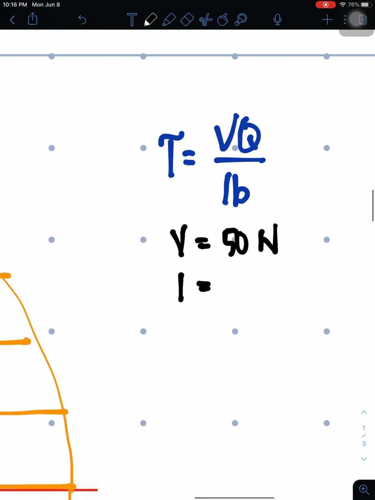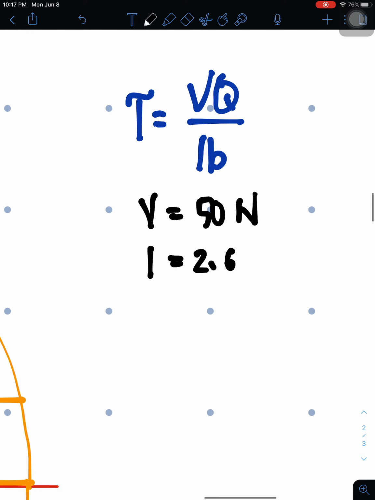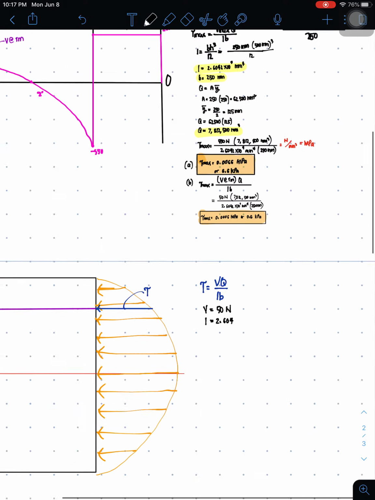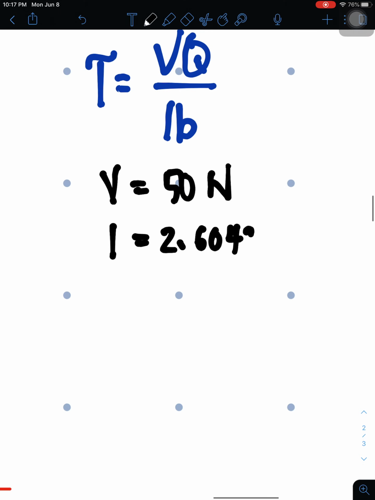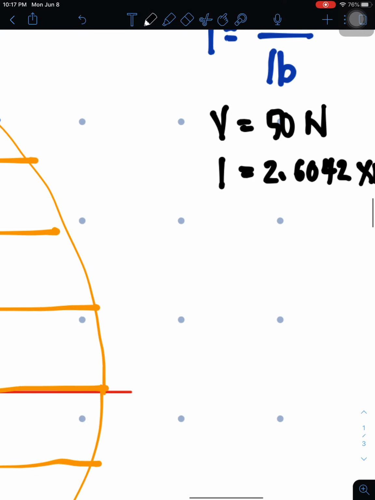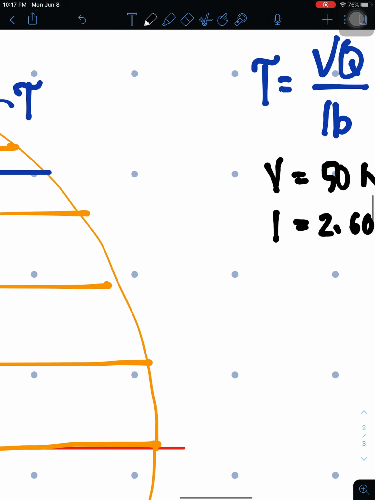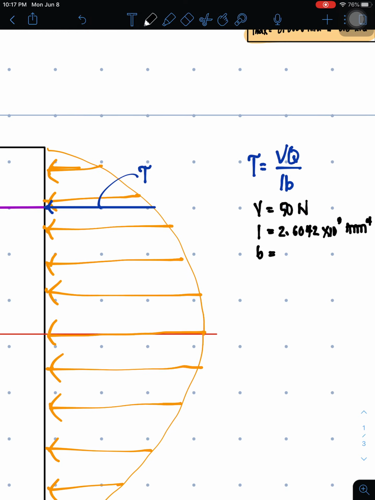And by the way, our I would still be the same, 2.6042 times 10 to the 9th power millimeters to the 4th power. And then we're going to decide what is the length or the measurement of our base.